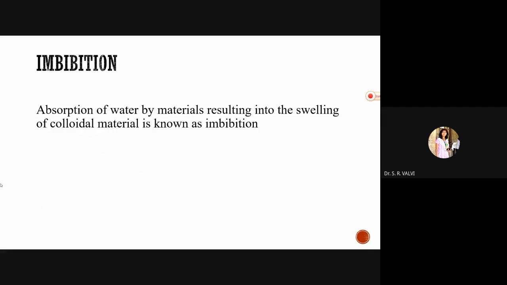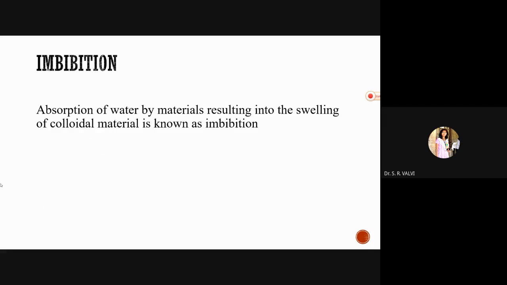So the definition is: absorption of water by materials. Imbibition occurs within germinating seeds as well as within wood. Please do remember, imbibition always occurs in germinating seeds as well as in wooden material.